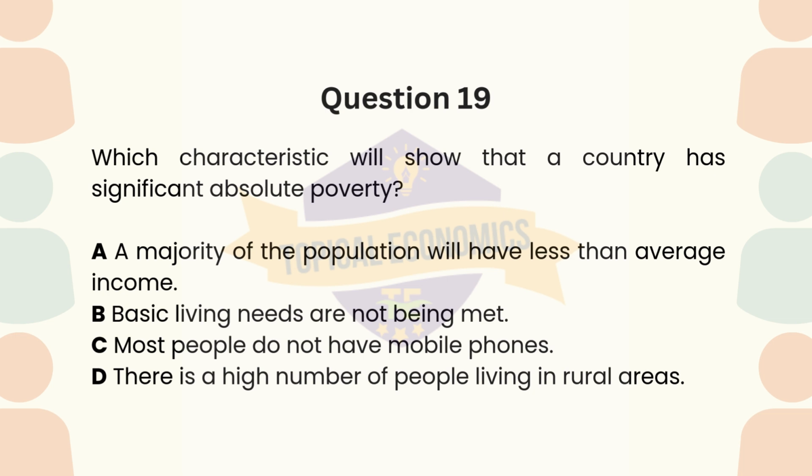So this is incorrect. Option D, there is a high number of people living in rural areas. So while rural populations may face higher poverty rates, mere population distribution does not specifically indicate significant absolute poverty. So the correct answer for this question is option B. Basic living needs are not being met.